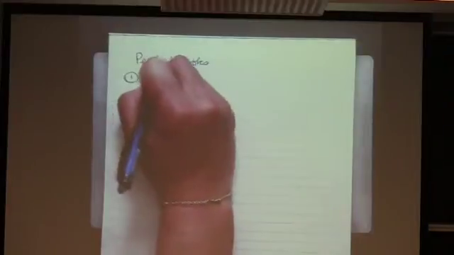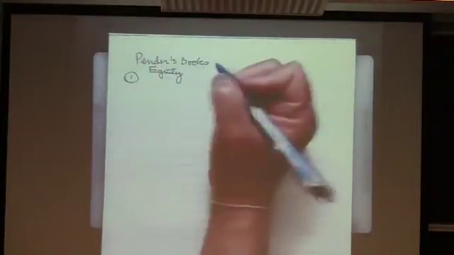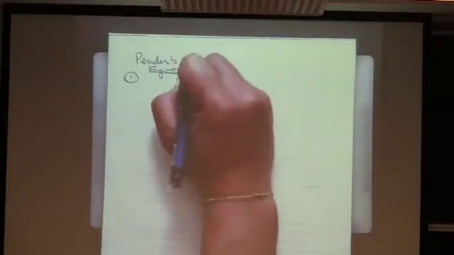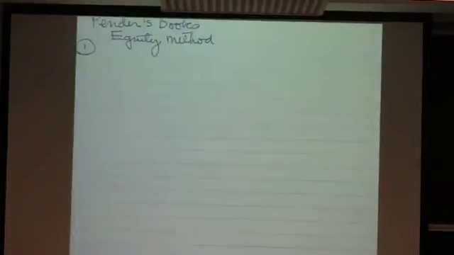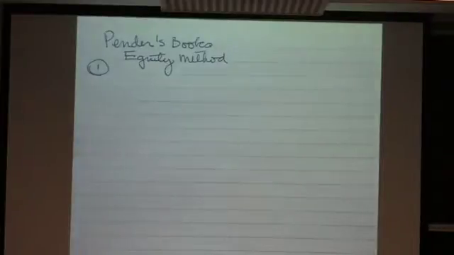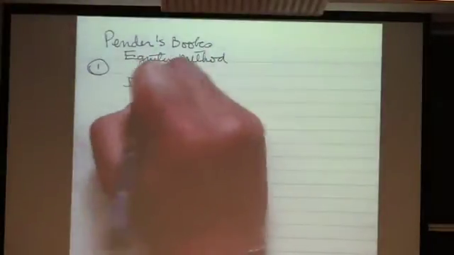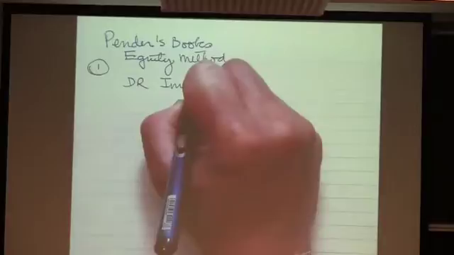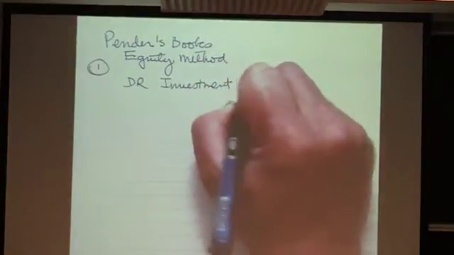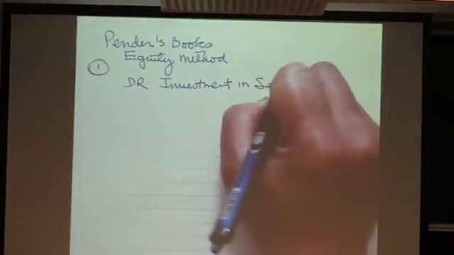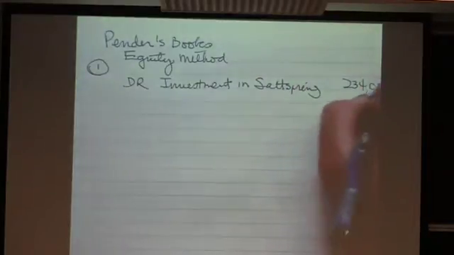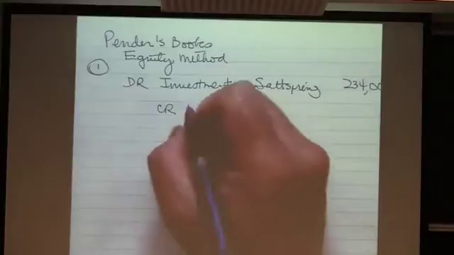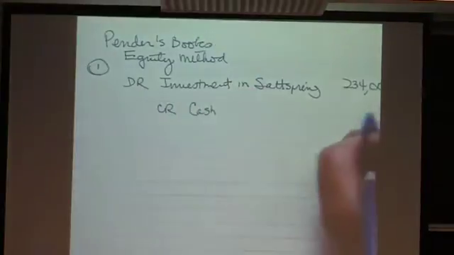The first journal entry under the equity method: first, I'm going to debit investment. I'm going to credit cash. I'm assuming I paid cash for it.